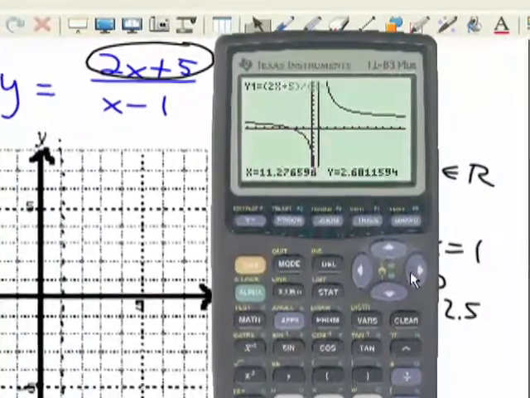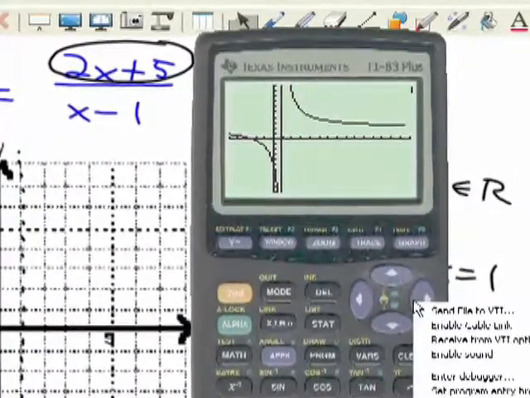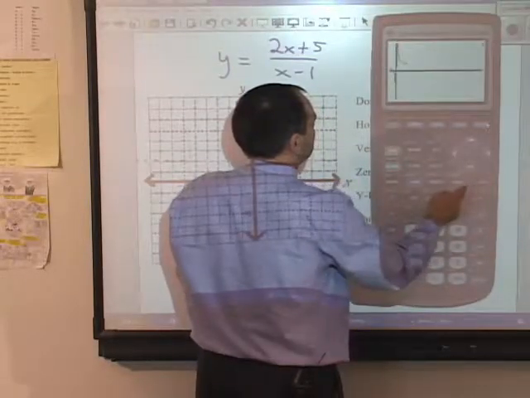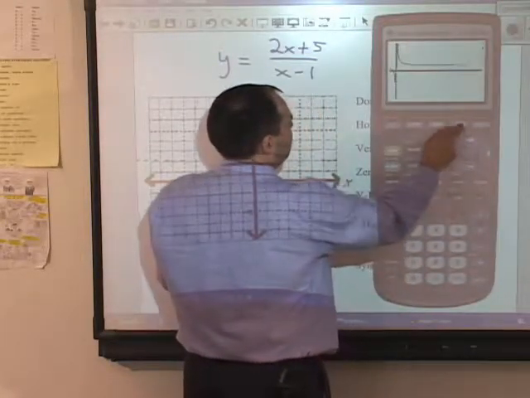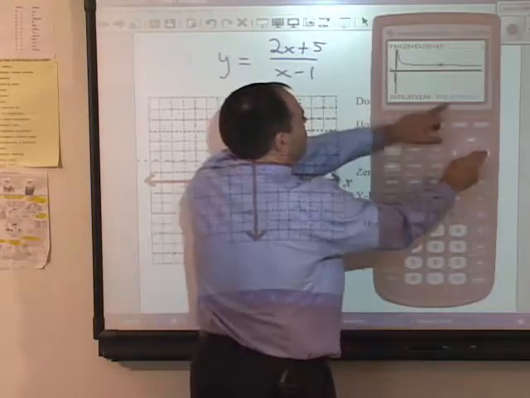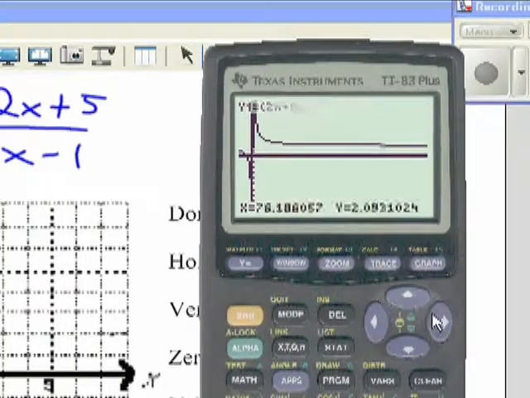I'm going to have to go out quite far. Let's just change this to 100 to show you how far. If we keep tracing, we're going to find that with time, the y value gets closer and closer to 2.